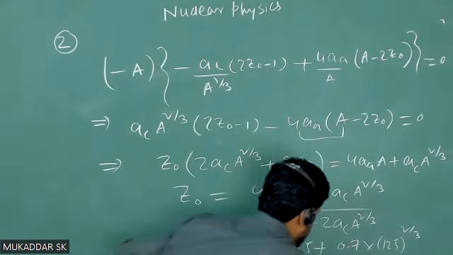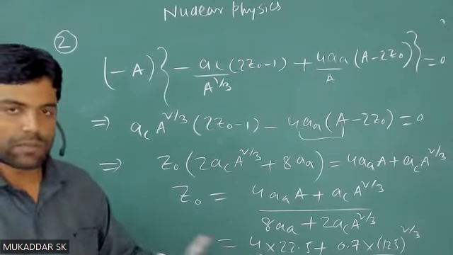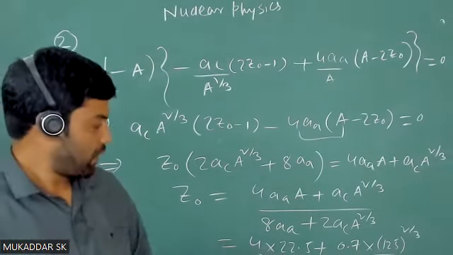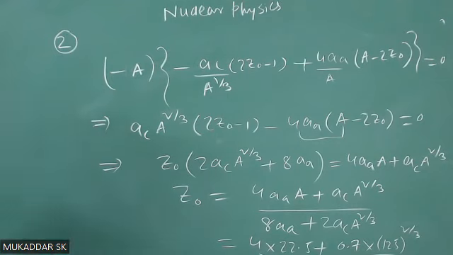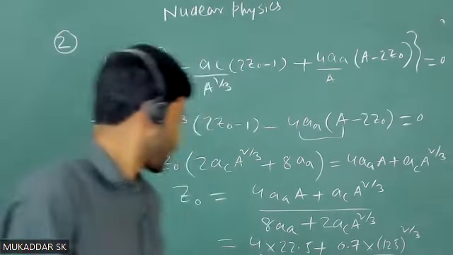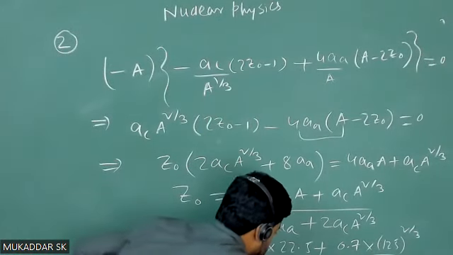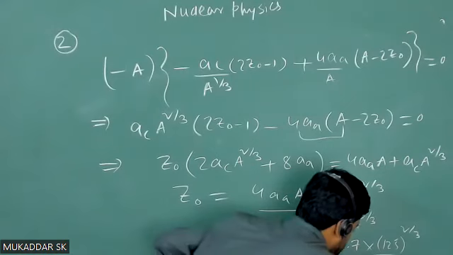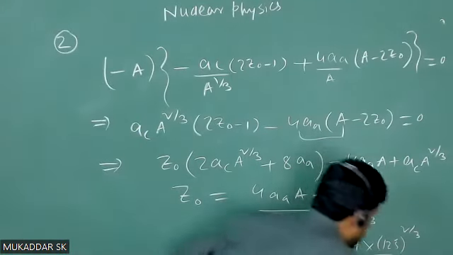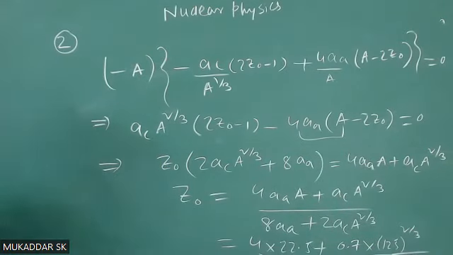See, that is a bit complicated calculation, you have to calculate this by hand. Nowadays you can calculate by using a calculator, but initially you had to do it by hand. Then what will come here: 8 into 22.5, and then twice into 0.7 into 125 to the power 2/3. This is your 0.7.